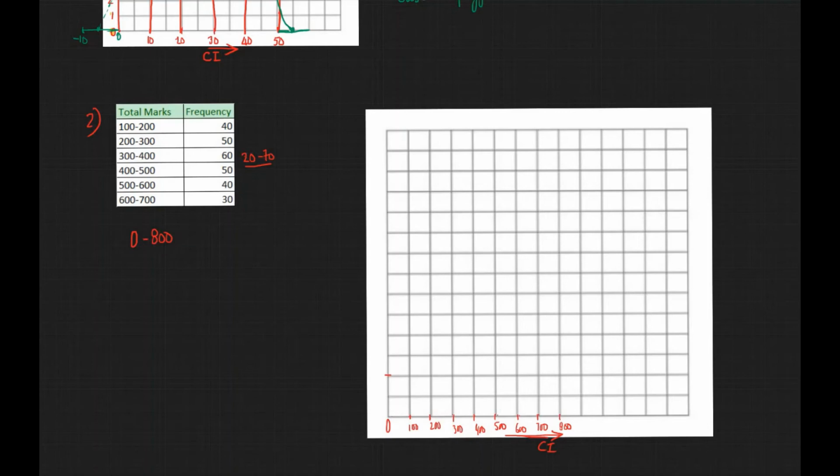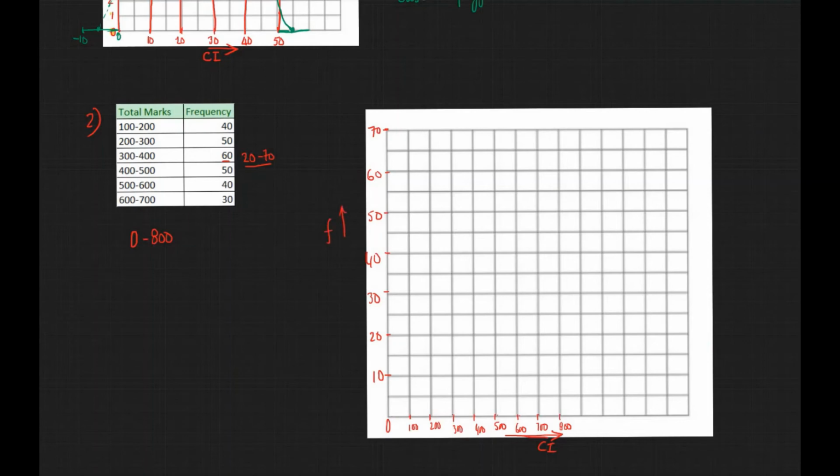So we can say each block is 10. So 10, 20, 30, 40, 50, 60, and 70. Good. So this side is a frequency.